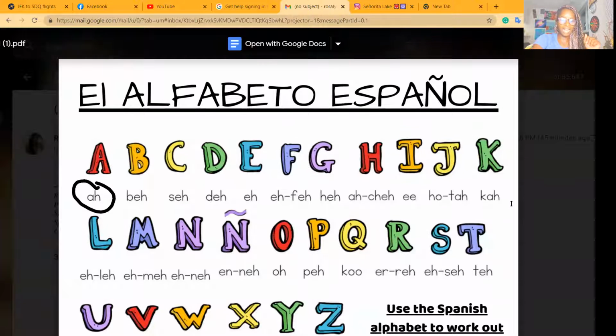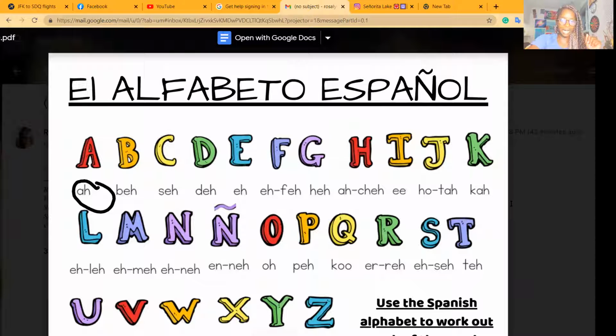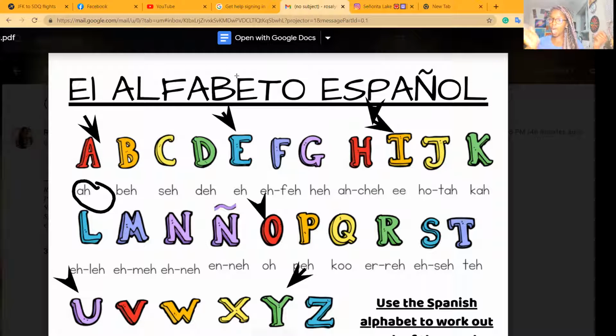Tenemos la vocal A, aquí tenemos la A, tenemos la E, tenemos la I, tenemos la O, tenemos la U. Hay veces, sometimes people say la Y, which translates to the Greek Y, the Greek I.